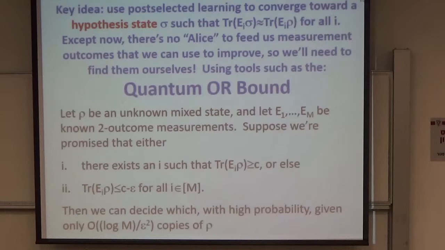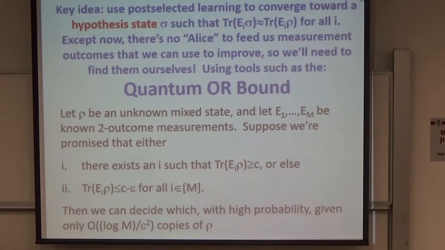And I have some gap of epsilon between the 2 cases. Then the OR bound says I can make a measurement that distinguishes these 2 cases using only about log m over epsilon squared copies of rho.